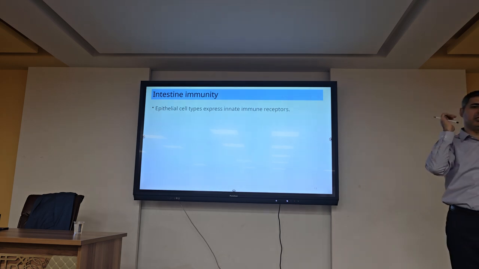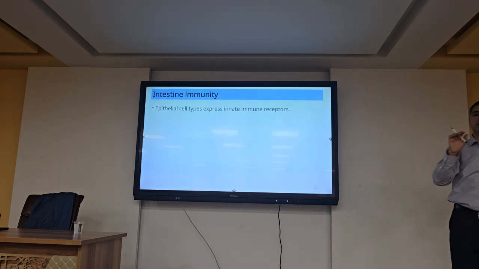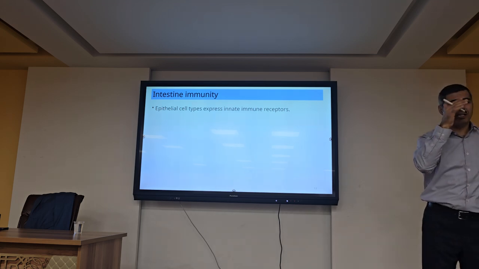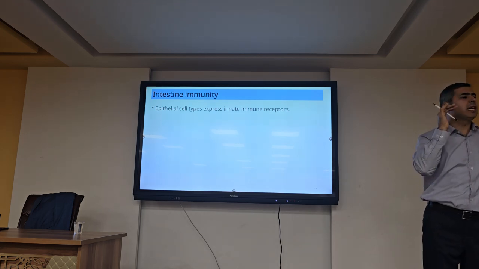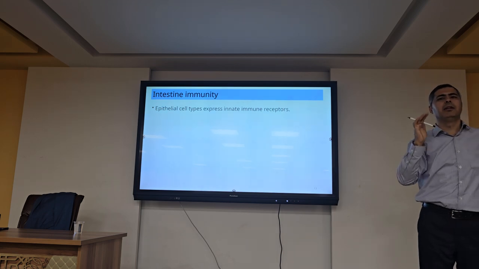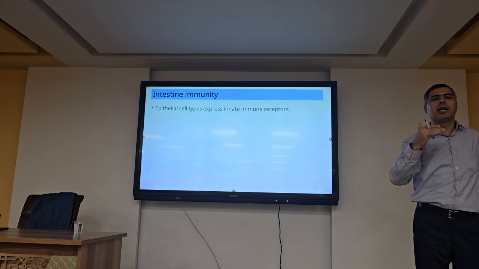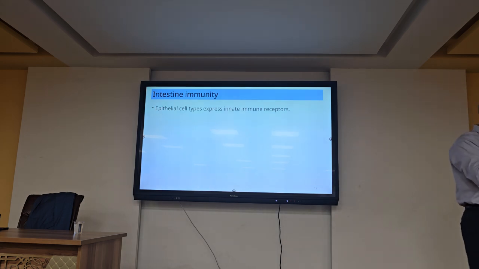One function of innate immunity. Okay, what else? What's the aim of innate immunity? What happens in inflammation? Sorry, what's the aim of inflammation? Whenever we have an inflammatory response, what is going on and what's the aim?